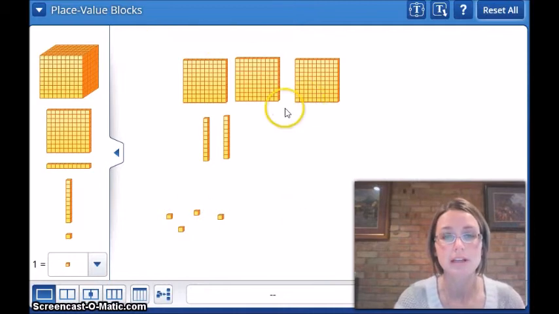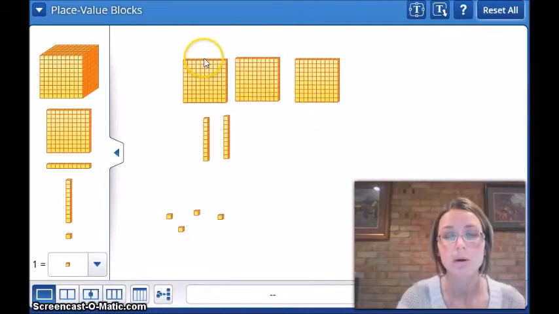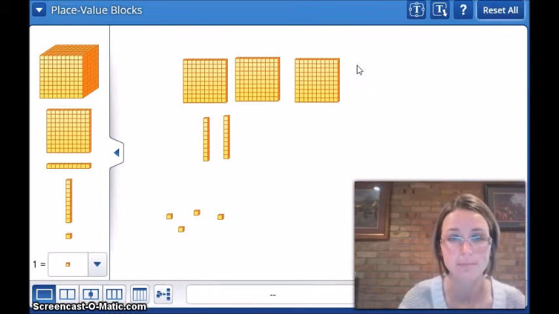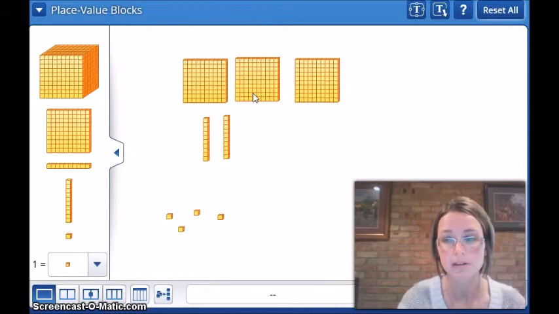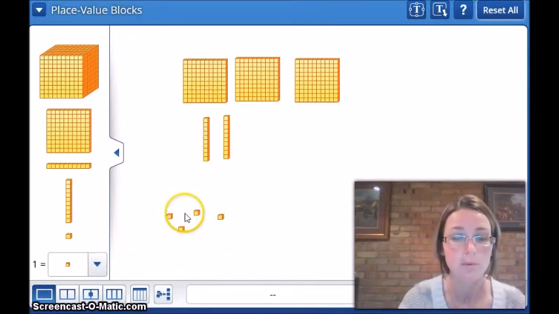Your assignment is to tell me what digit this is in standard form. What is the value of the hundreds cubes, or of the 100 squares, excuse me. What is the value of the 10 sticks, and what is the value of the ones?